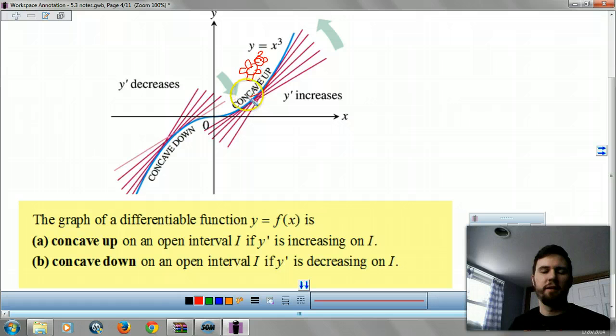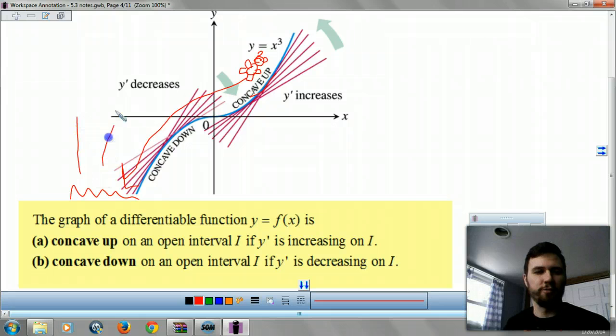Concave down, the bear is depressed because it's going to slide down the hill and fall into its doom. Anyway, concave up, the bear can stay there. He's happy. Concave down, he's depressed because he's going to slide down. So again, this would be up, this would be down.